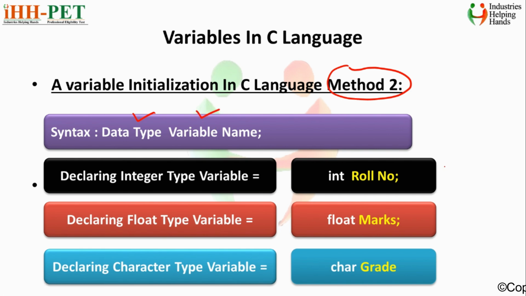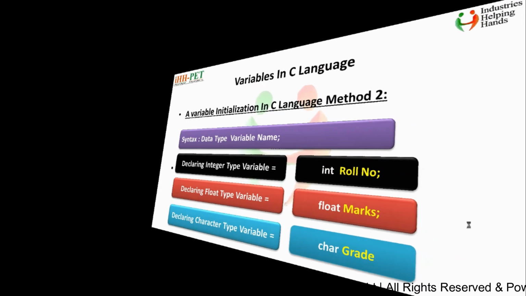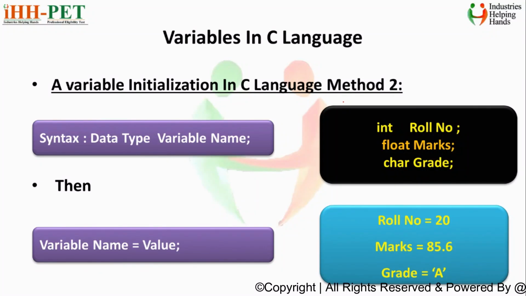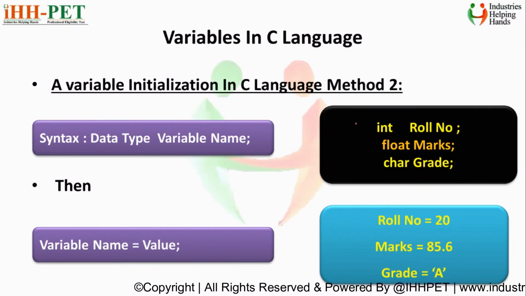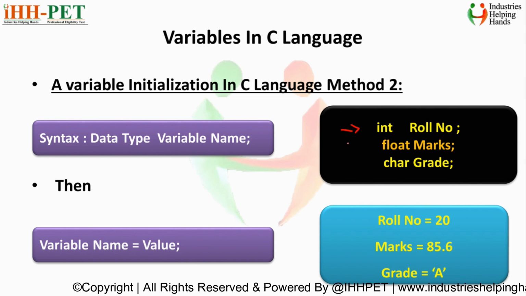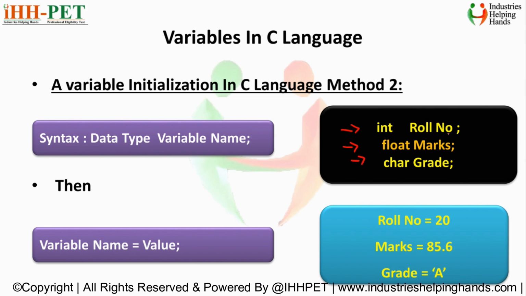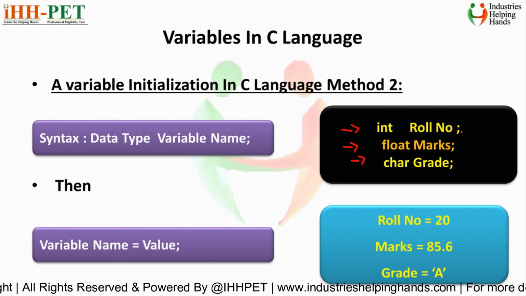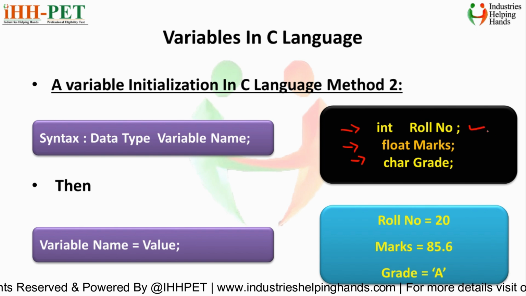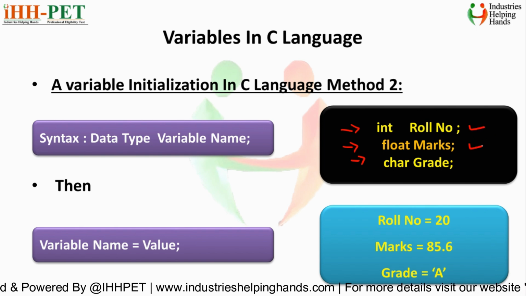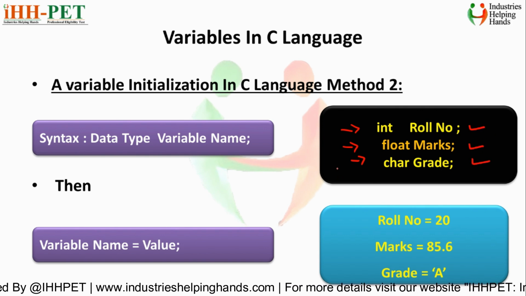So you can see here an integer type variable, a float type variable, and a character type variable. Roll number is an integer variable, marks is a float variable, and grade is a character variable.